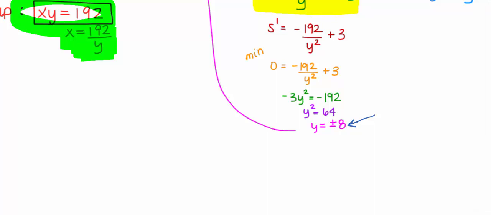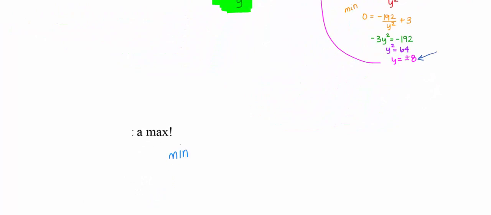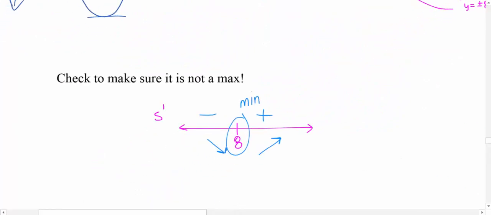And also my problem asked for find two positive numbers. So I kind of already know which one it is, but I would check that for sure. So I just did a simple first derivative number line test here, but I really only tested the positive 8 because I don't think negative 8 was a possibility. Put a number less than 8 into S prime, it is negative. Put a number greater than 8 into S prime, it is positive.